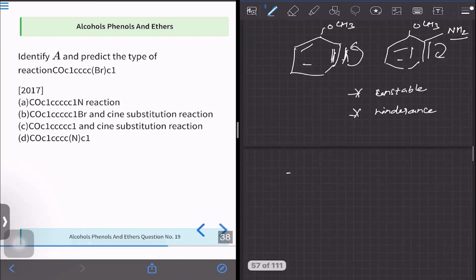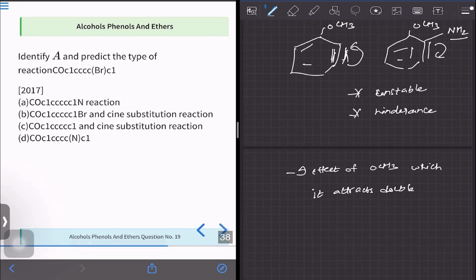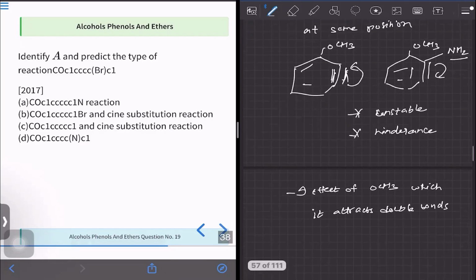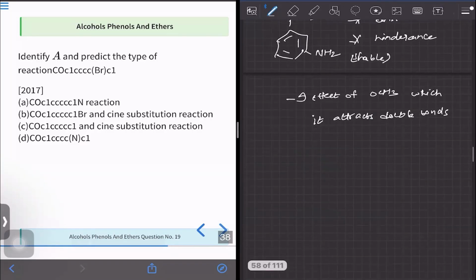So due to the minus I effect of OCH3, it attracts the double bond towards that side. So there will be a shift of double bond towards OCH3, and NH2 will be at meta position, which is stable. All because of minus I effect.